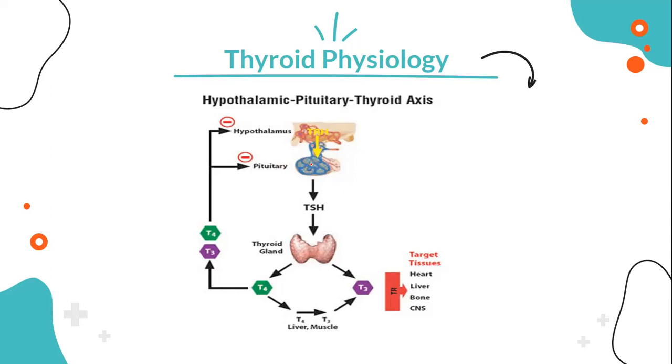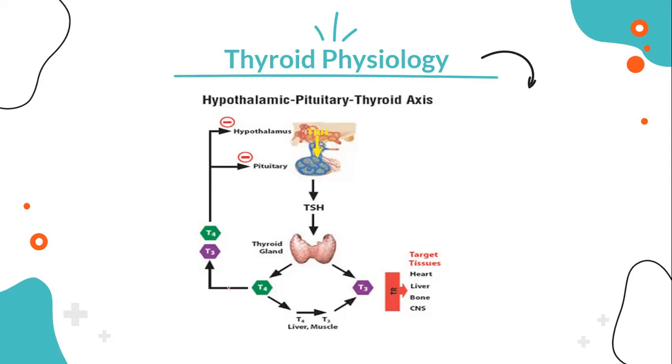This actually has one kind of cells that produce another hormone, which is the TSH, thyroid stimulating hormone. And this one stimulates, as its name says, the gland, and makes it produce both hormones, T3 and T4.